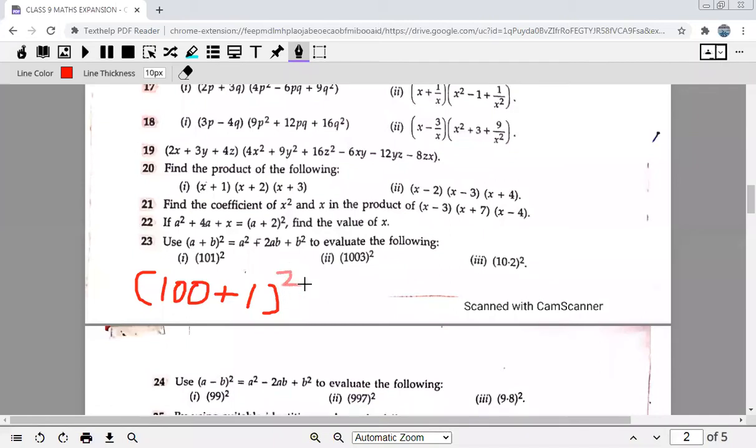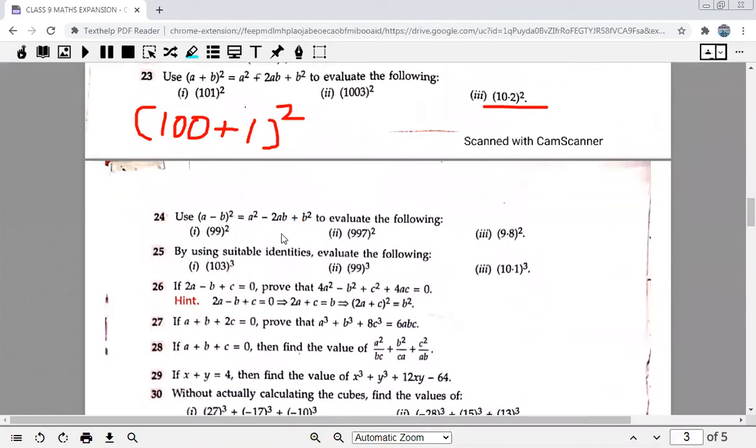Then you will apply the formula (a plus b) whole square. Similarly, 10.2 you write as 10 plus 0.2. In the next question, 99 whole square, you can write 100 minus 1.